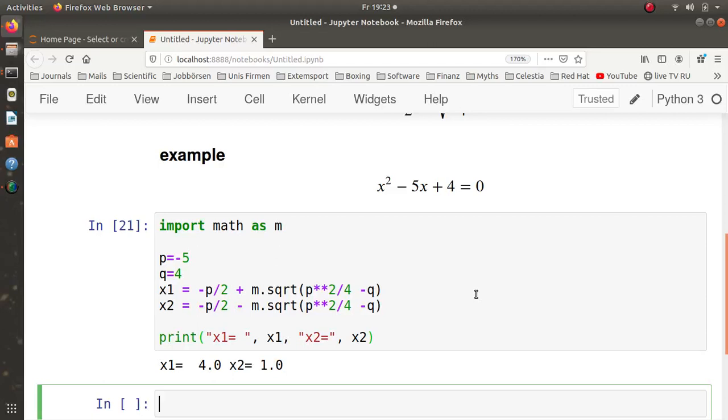Okay, import math as m, and then you can invoke all the mathematical functions which are in the library. If you want to know what kind of functions there are in this library, you just make a Google search, and then you will see that you have sine, cosine, arccosine, exponential, error function, and so on. Many functions which you can use.